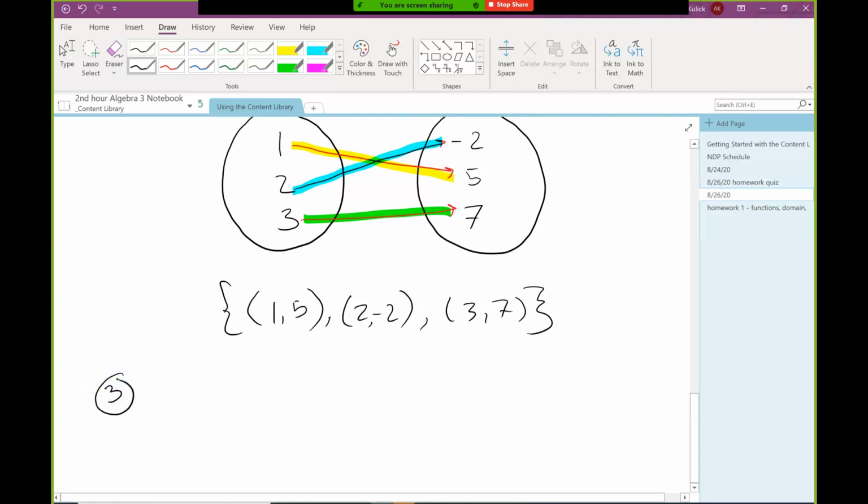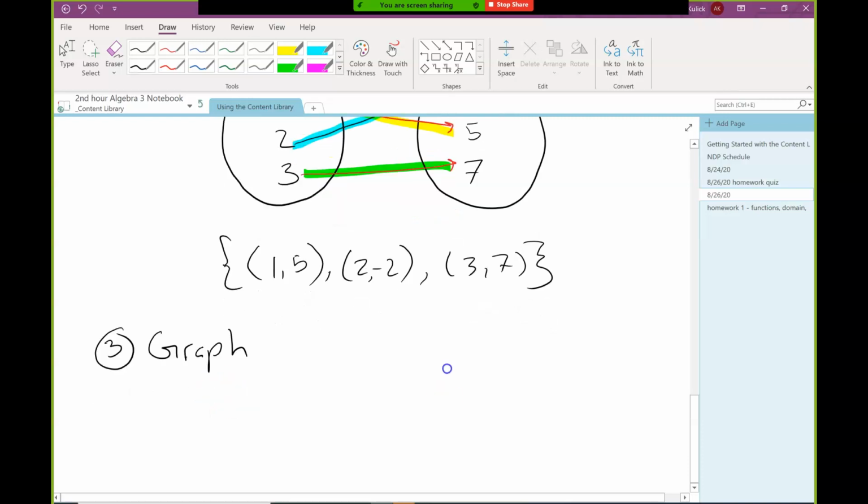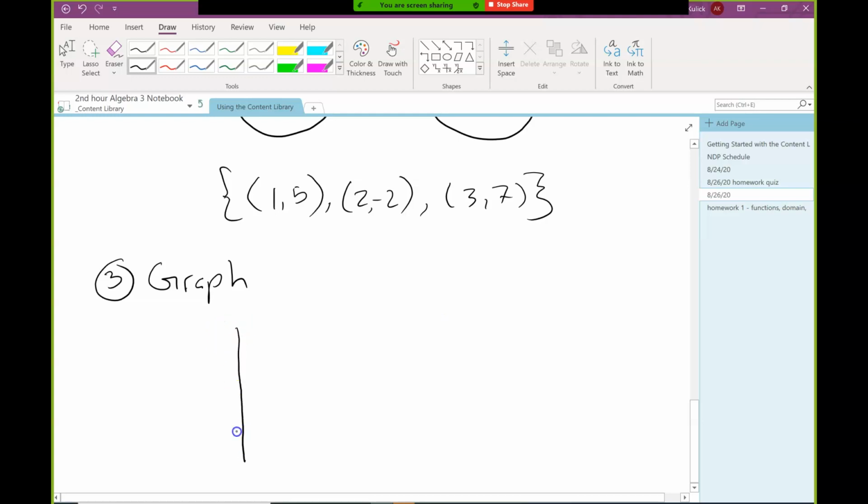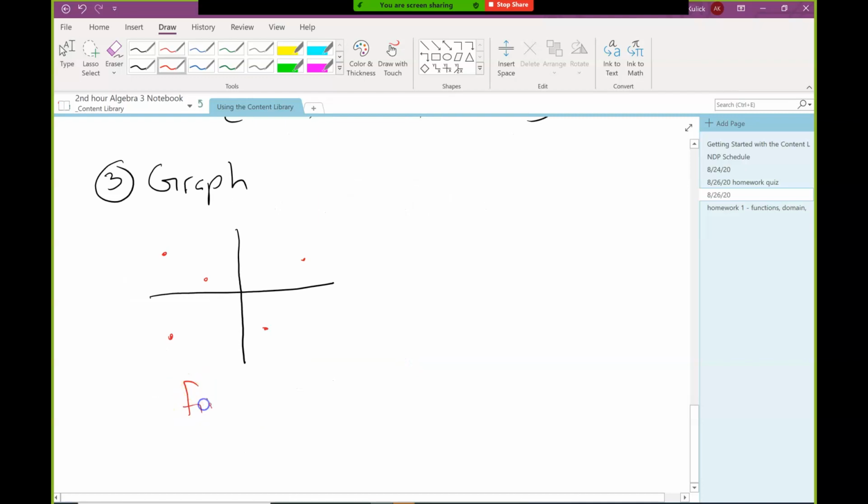The next representation is as a graph. So if our relation is finite, that there's like 7 of them or 10 of them or 15 or 200, but there's like a fixed amount, it's not infinite.